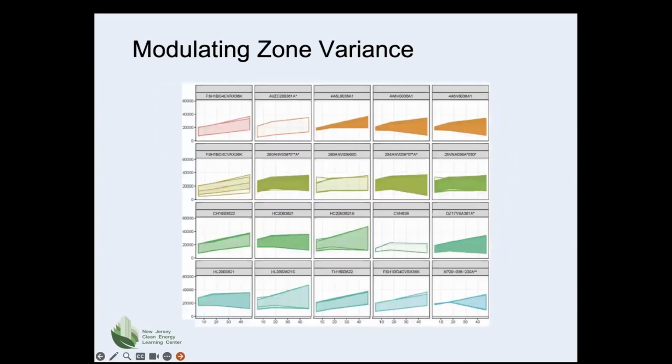This slide shows various different makes and models of heat pumps and how some modulate differently from others. On the left-hand scale is capacity in BTUs, and on the bottom scale is outside air temperature.